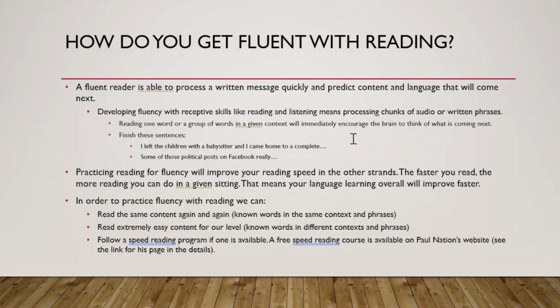Most beginner readers in English are reading around 100 words a minute. After doing a speed reading course, that can be upwards of 200 words. So that's much closer to what a native speaker does at 250 words a minute.